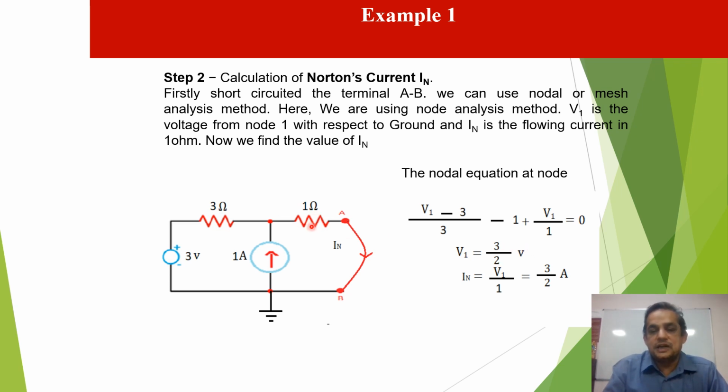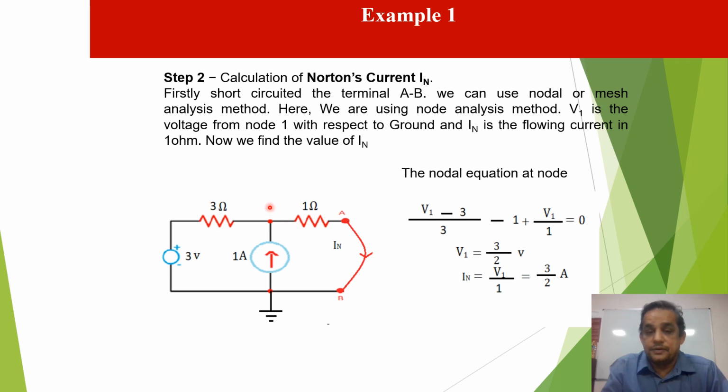Now what is the flow of current in this 1 ohm? We know Ohm's law, V is equal to IR. So we find I is equal to V upon R. R is 1 and V is 3 by 2. So 3 by 2 upon 1 is 3 by 2 ampere. The flow of current is 3 by 2 ampere.